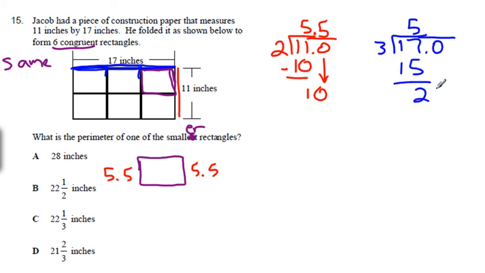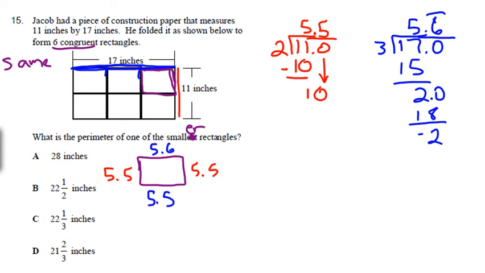We have 2 left over. And let's stick with decimals. Let's see how this goes. So 3 will go into 20 6 times. 18, and this is just going to repeat. So let's just say it's about 5.6, just for fun. So 5.6 are these missing sides, and now let's just add it all up.